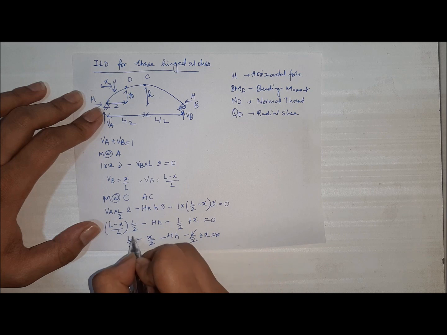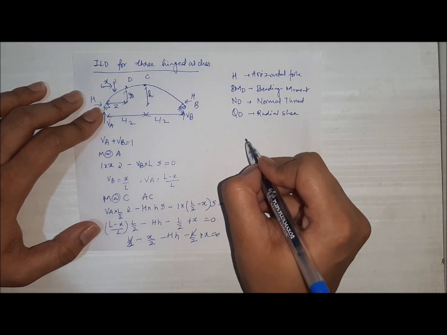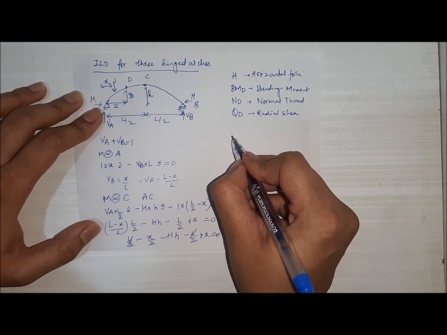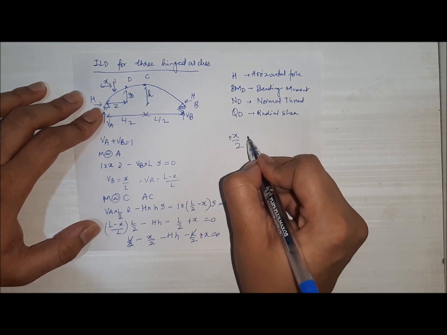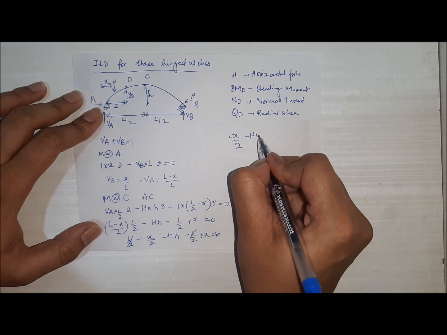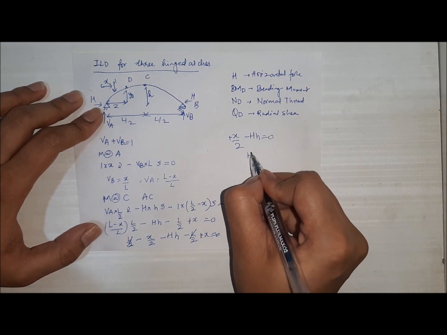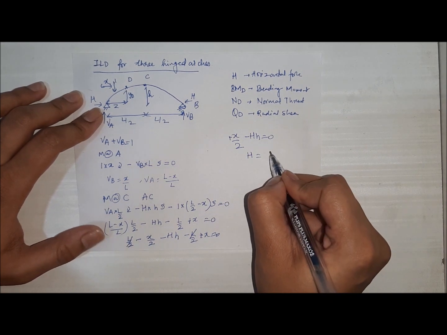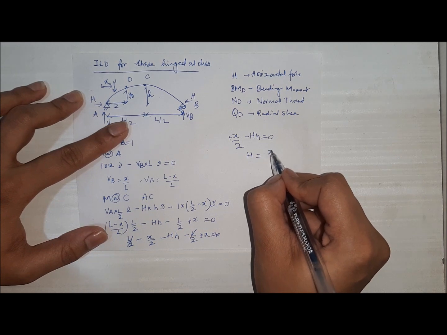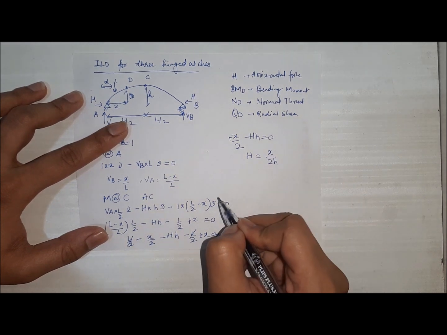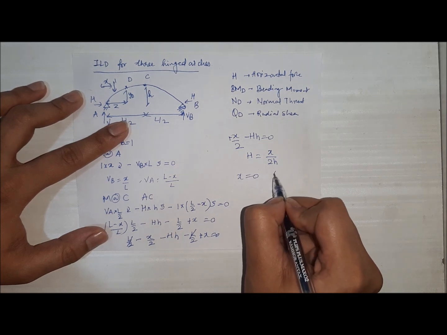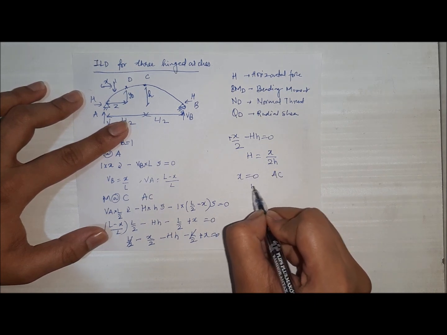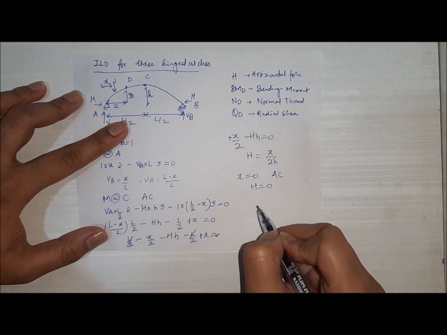From here L by 2 and minus L by 2 get cancelled, and now we are left with x by 2 minus H h equal to 0. From here we have H equal to x upon 2h.